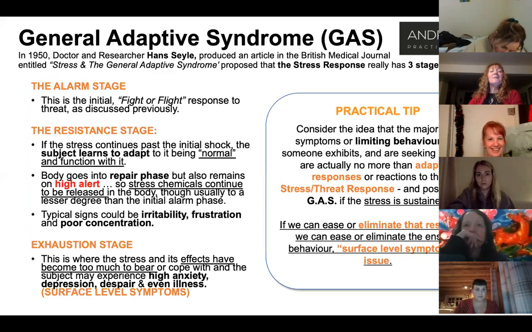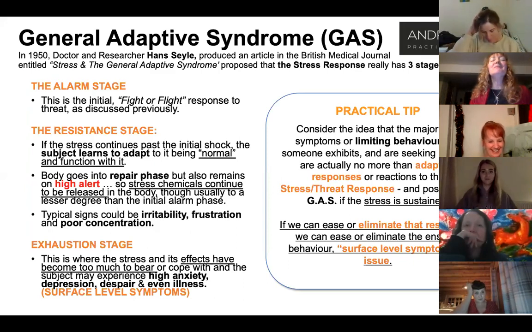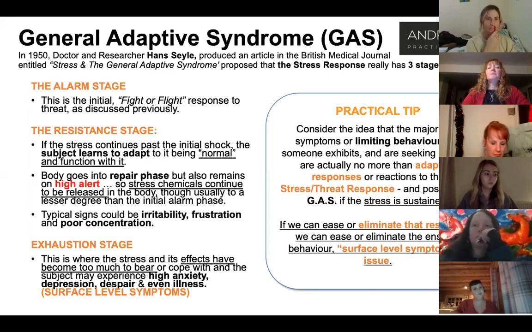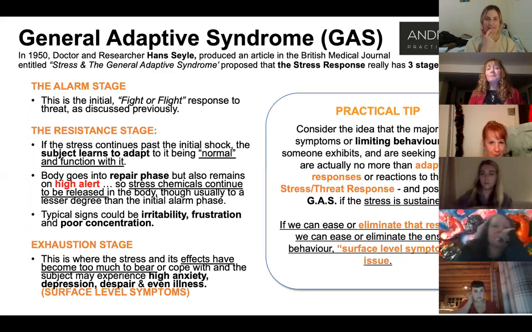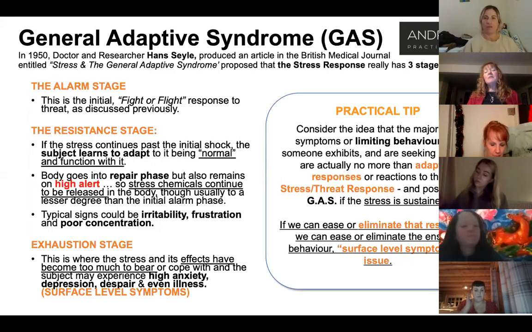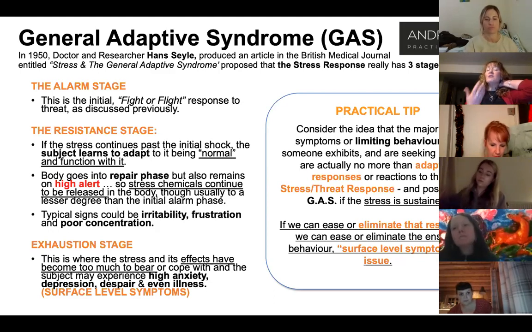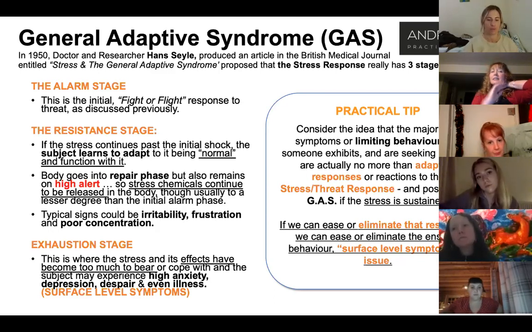Here we go. Okay. Something called the general adaptation syndrome, which is almost like an ongoing stress response. Back in 1950, a doctor and researcher, Hans Selye, produced an article about stress and the general adaptation syndrome, and he suggests that the stress response is divided into three parts.